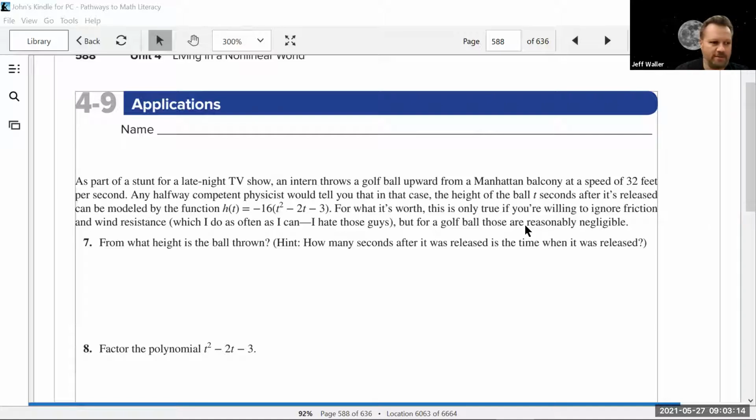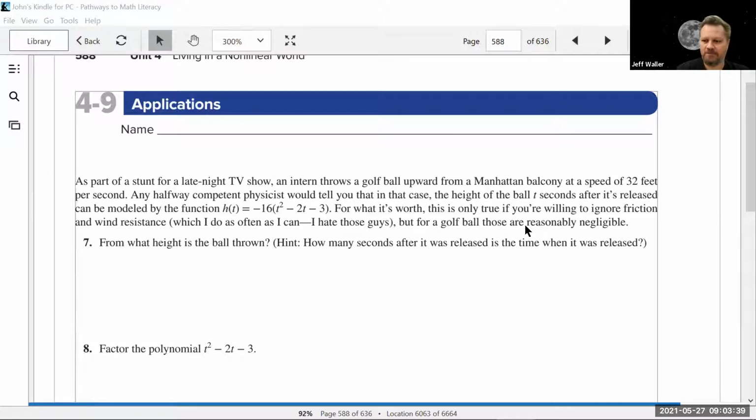So if you plug 0 into the equation, that will be how high the ball was when it was thrown. So that'll answer number 7. Does that make sense? So you just plug in 0 for T? Yep. And that was their hint.